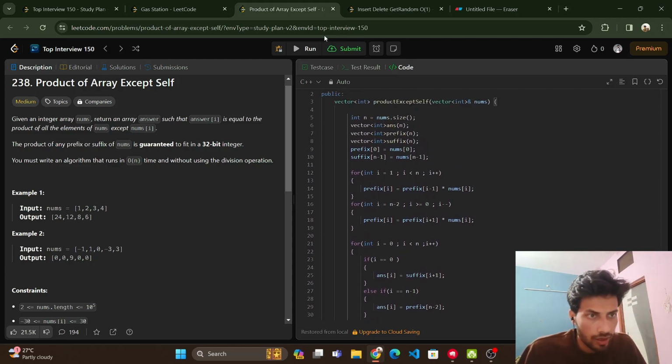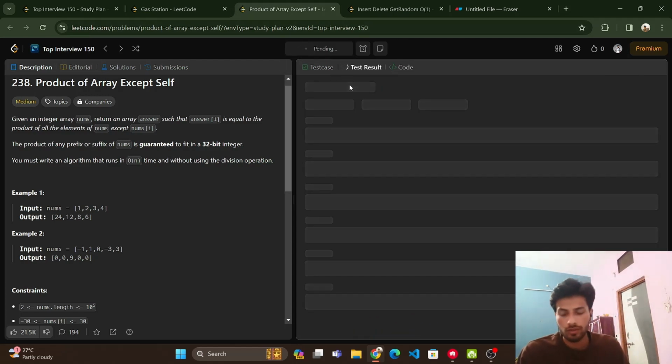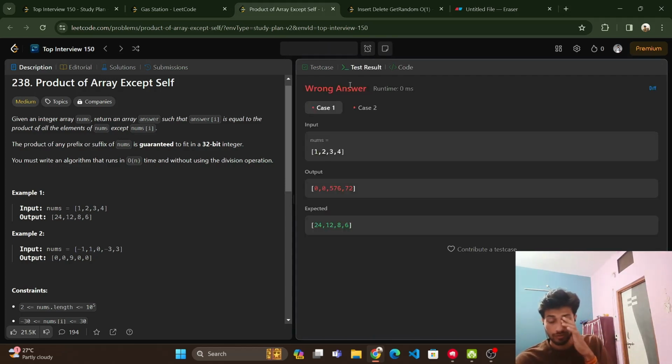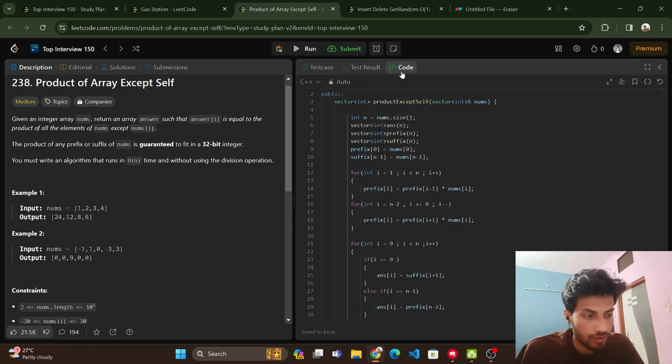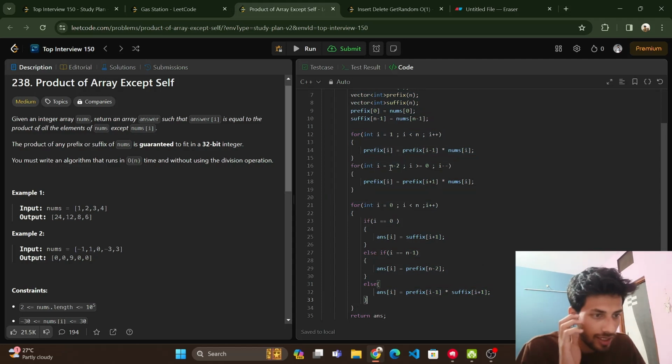Can we run it? Is it all correct? Okay, so we are getting the wrong answer. Where is the mistake? So there is a mistake here. I just have to write suffix of i. Such a little mistake.